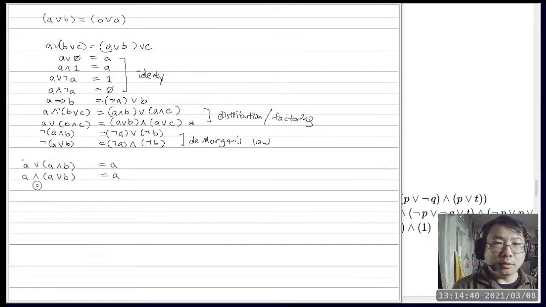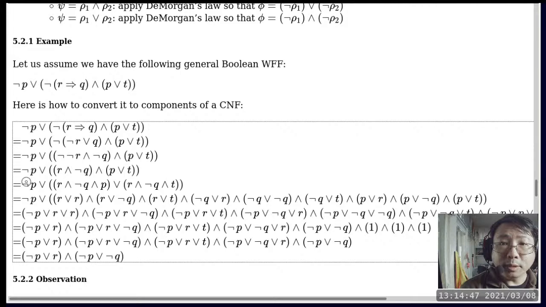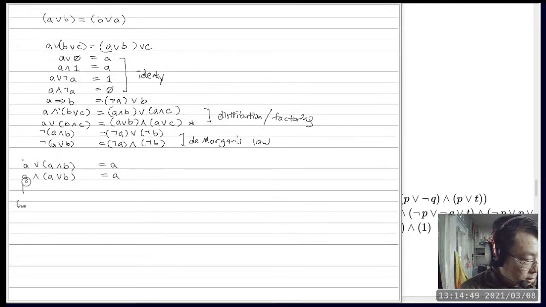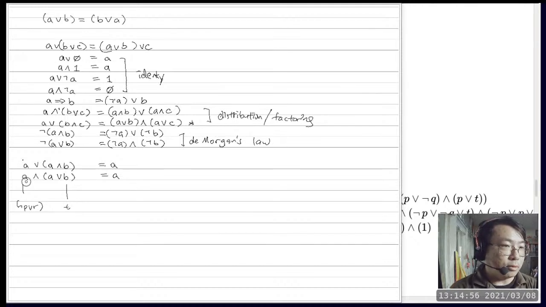So now we are looking at this case here, where A becomes not P or R, and then B is T. Now do we see how we just applied the last rule of simplification?